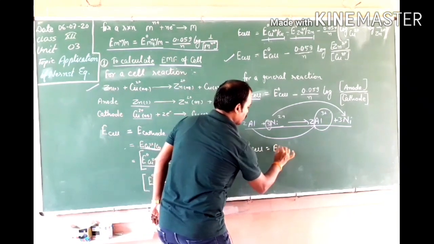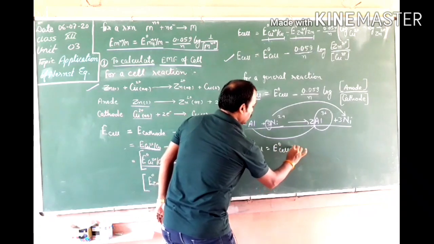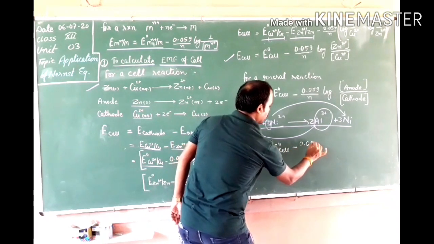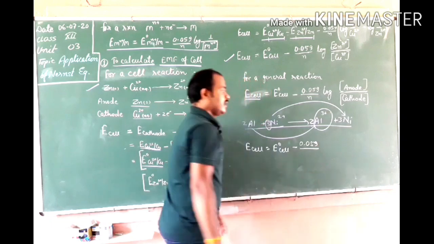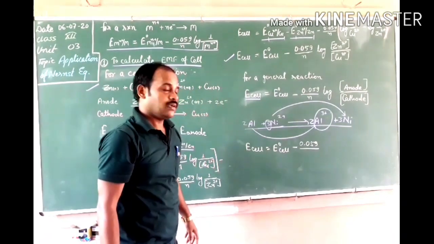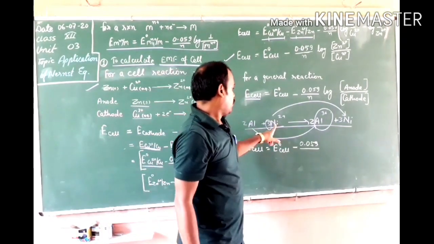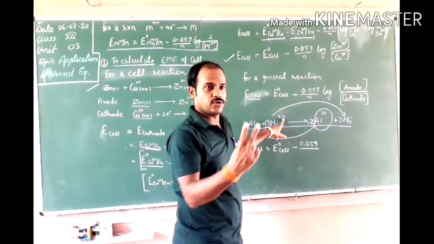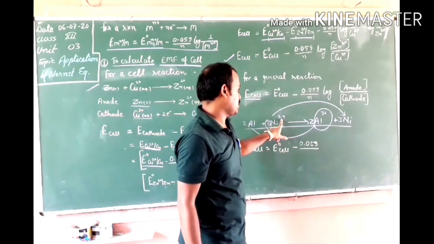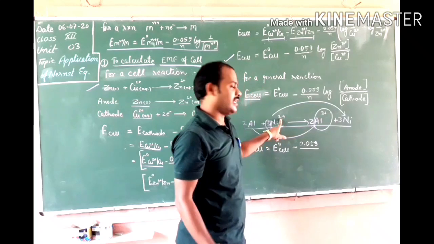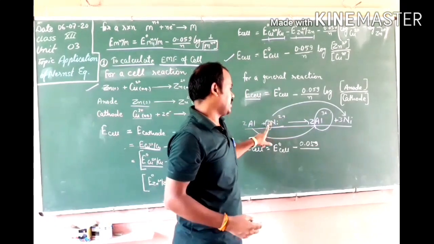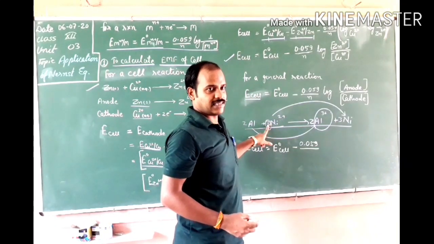will be equal to E0 cell minus 0.059 divided by the total number of electrons. So see here, one nickel is getting 2 electrons, because it is converting into nickel. So 3 nickel will gain 6 electrons.